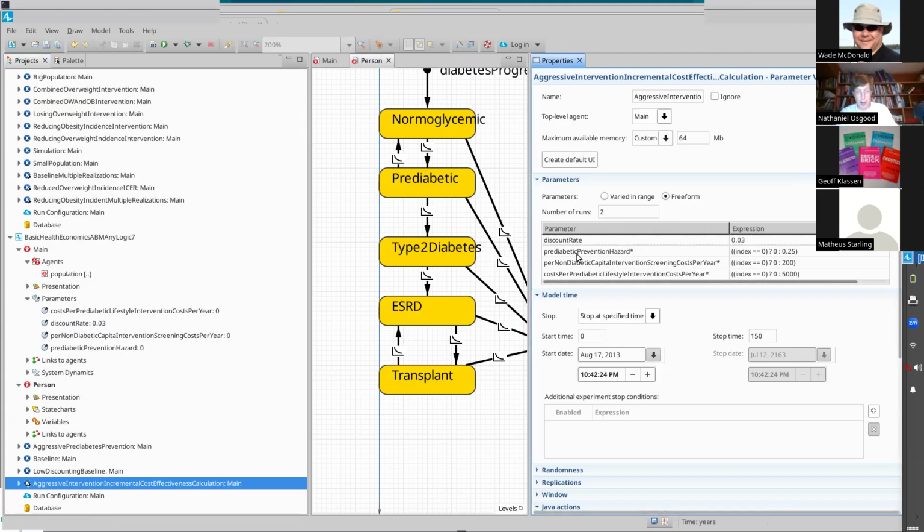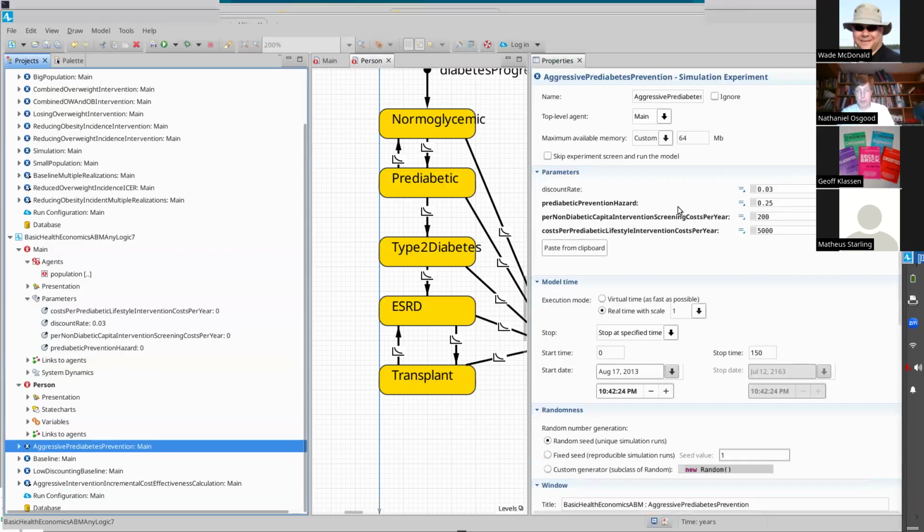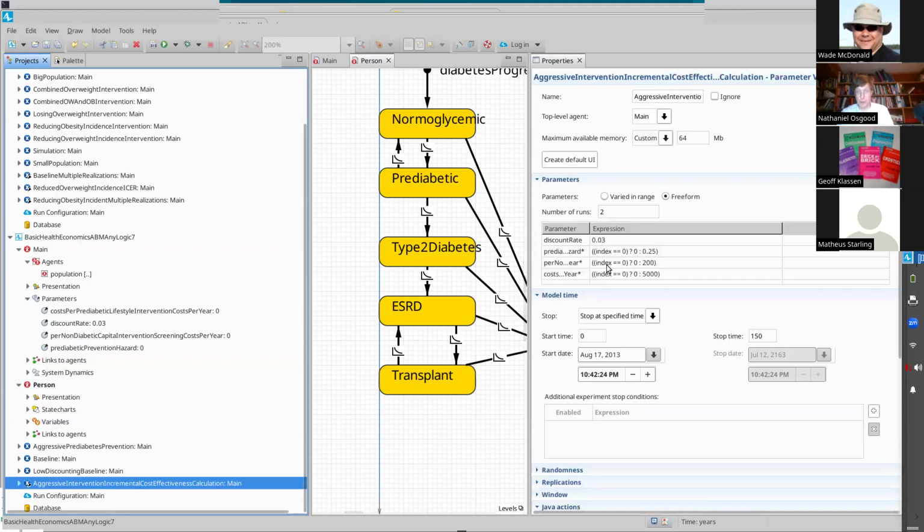So the pre-diabetic prevention hazard is 0 for the first run, to wit, the baseline, and 0.25 for the next one. In case you're wondering, that 0.25 is the same value as here. So for the intervention case, that's the value we want to use.